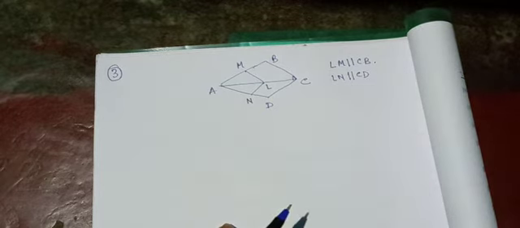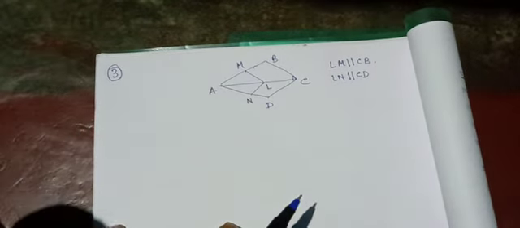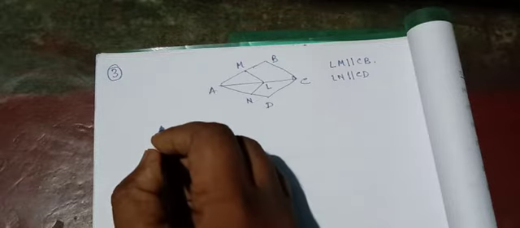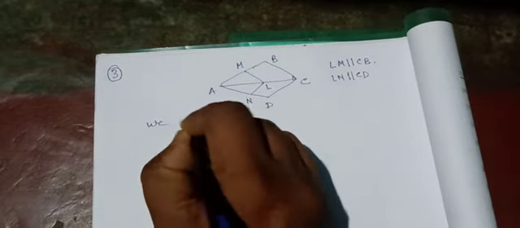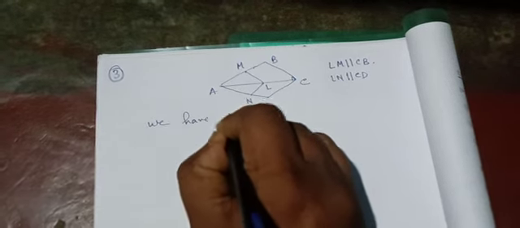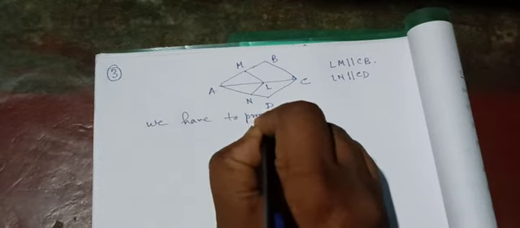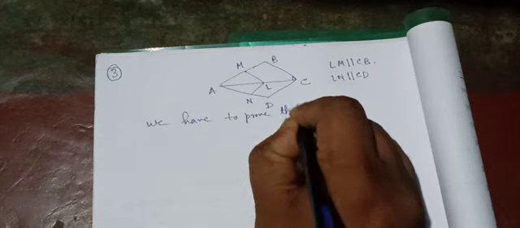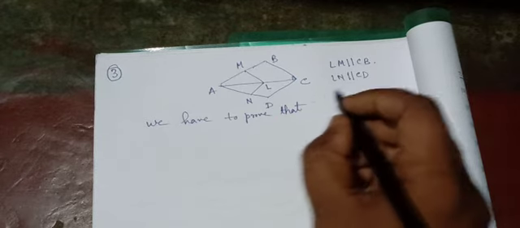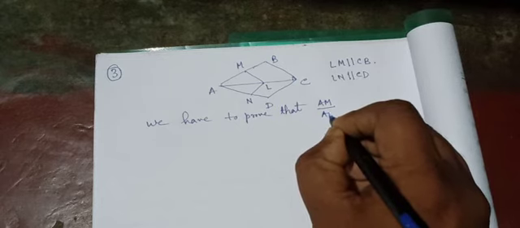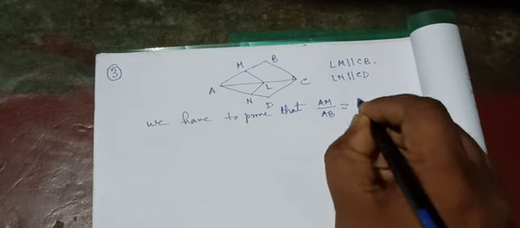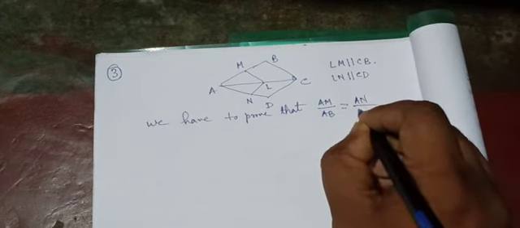We have to prove that AM by AB is equal to AN by AD.